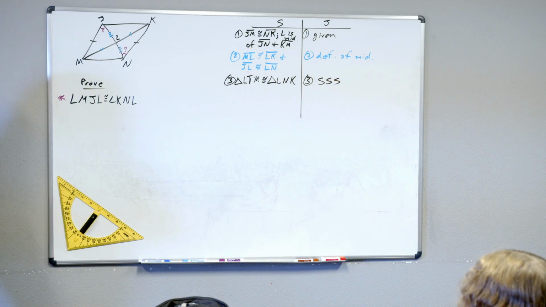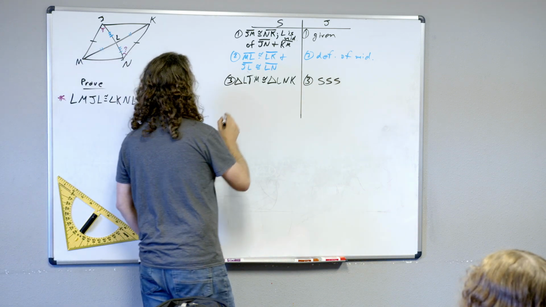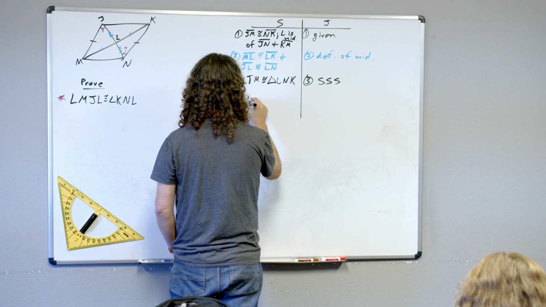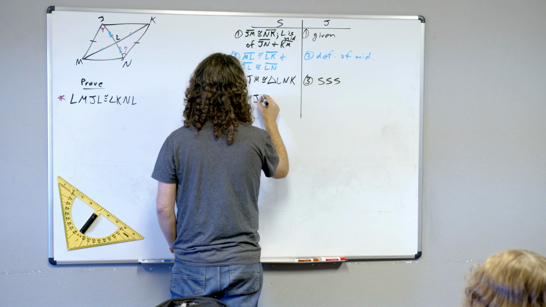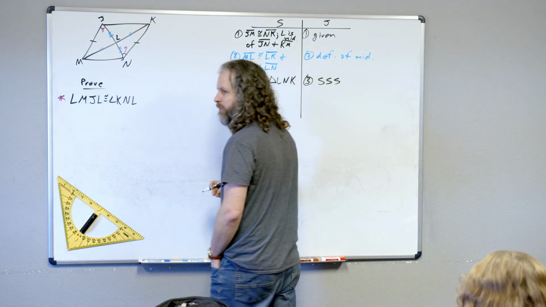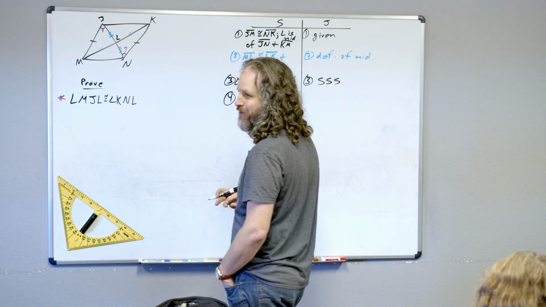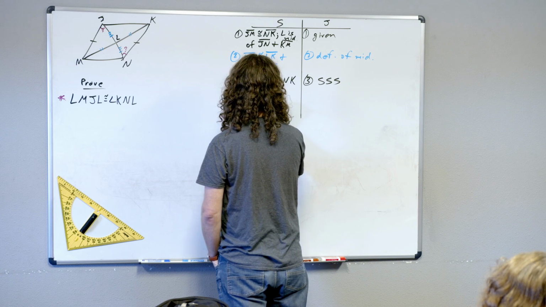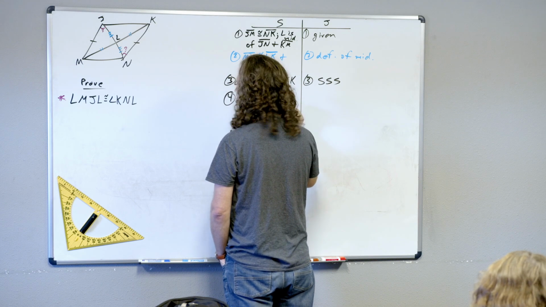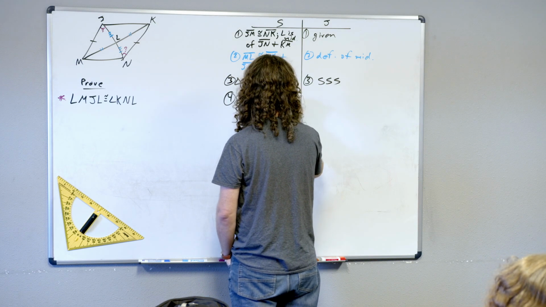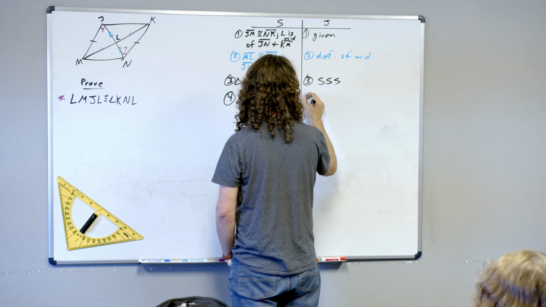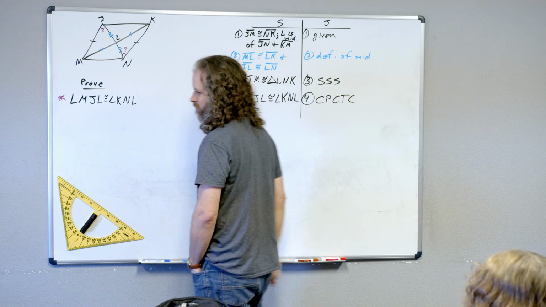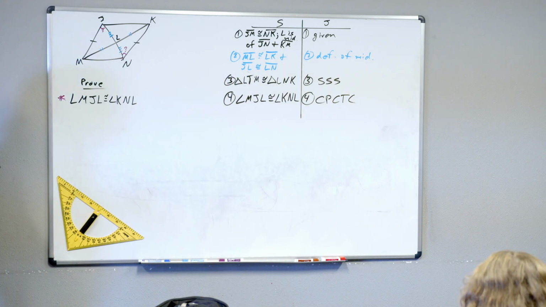M J L is because of congruent triangles, CPCTC. Congruent parts of congruent triangles are congruent. CPCTC. Great. Easy money.